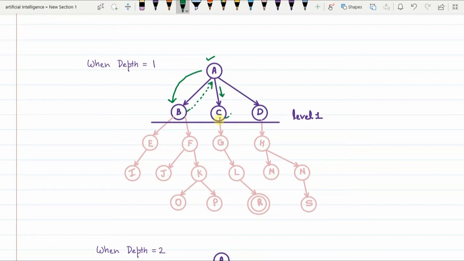From C we backtrack back to A, and then there is only one path remaining, from A to D. So from A, the DFS procedure moves to D. After reaching D, we check whether D is a goal node. D is not a goal node and D does not have any child node, so we backtrack back to A.